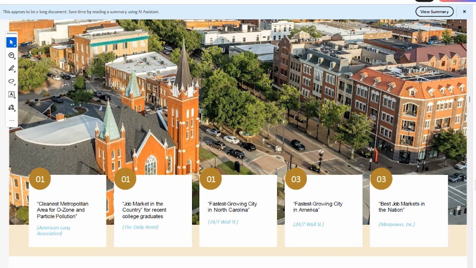But it's saying it's the number one cleanest metropolitan area, number one job market in the country for recent college graduates, fastest growing city in North Carolina, fastest growing city in America, third fastest growing city in America, third best job market in the nation. But we want to know when these articles came out. So we can't just drink the Kool-Aid all the time.